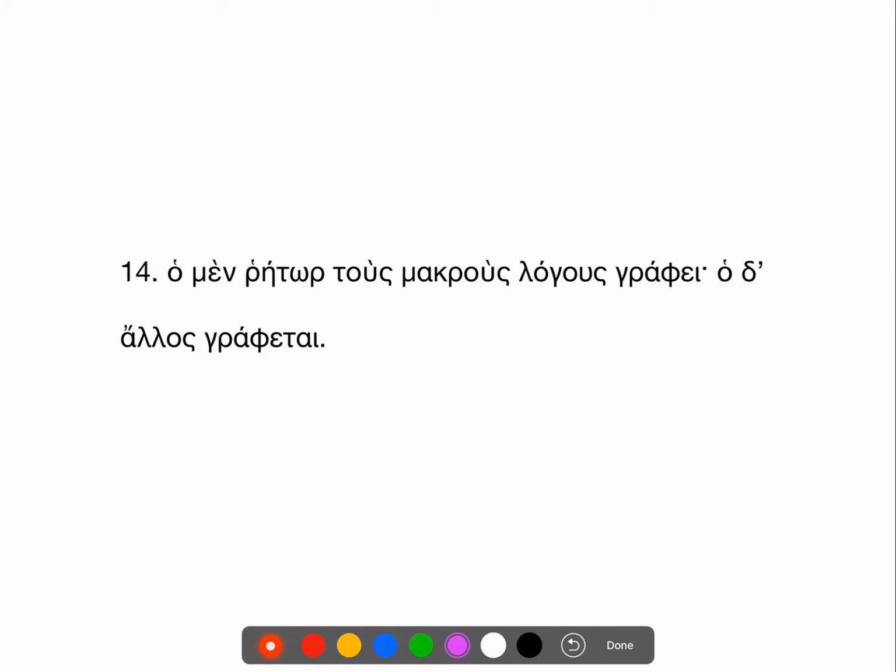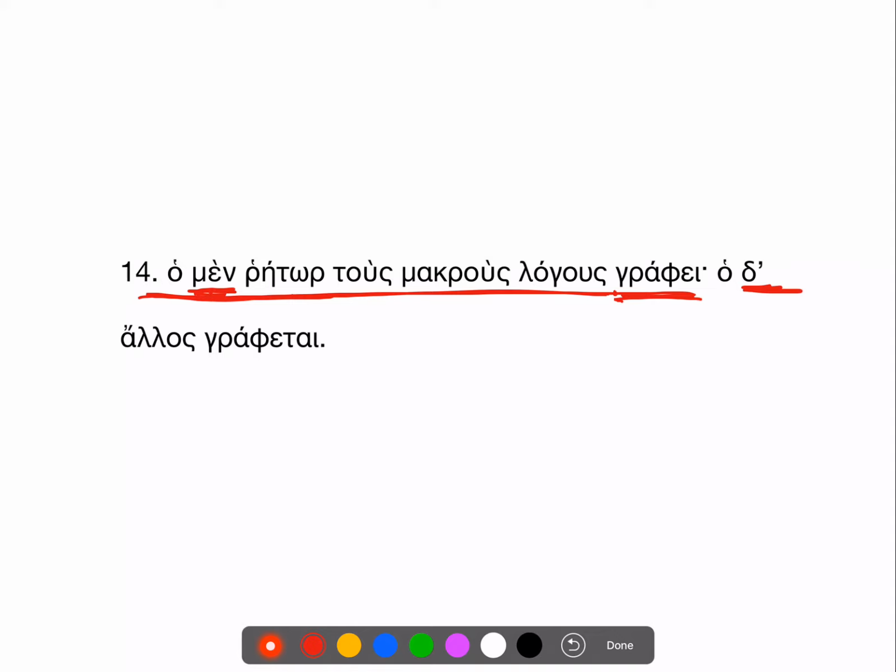Number 14. Men rhetor tous makrous logous graphei, ho d' allos graphetai. This is one of these short and tricky ones. All right, so on the one hand, and here's the other hand over here. So on the one hand, the rhetor is writing the long speeches.